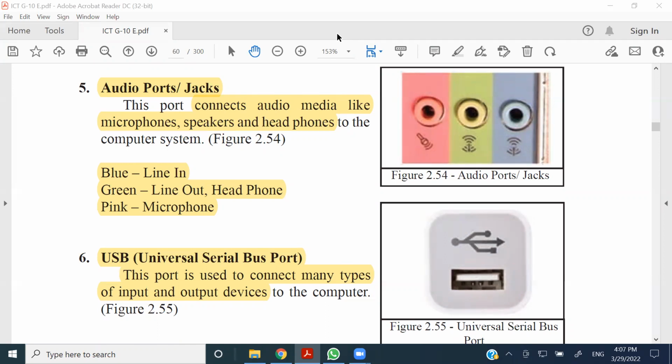Anyone who is still writing? Hey, Daddy. Daddy. Okay, let's move forward.